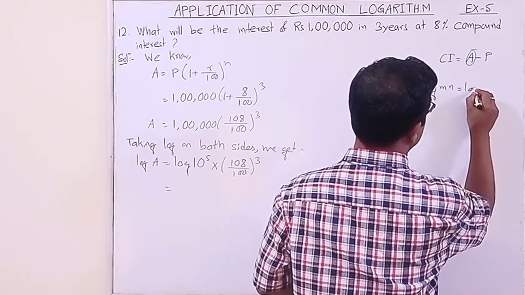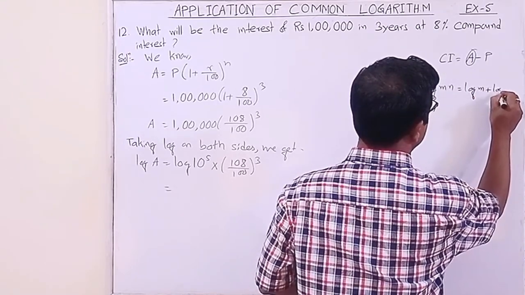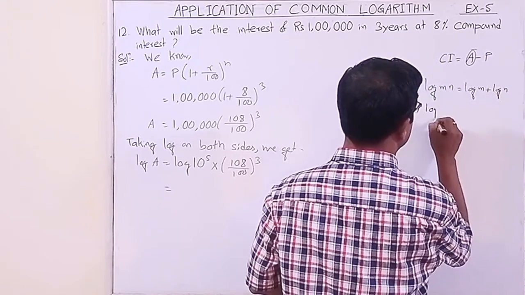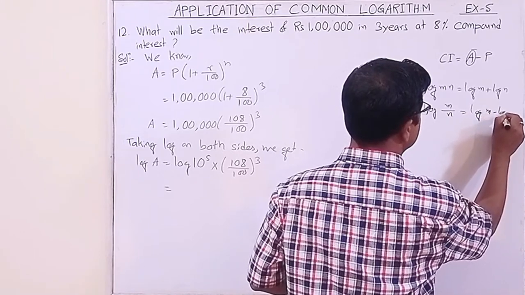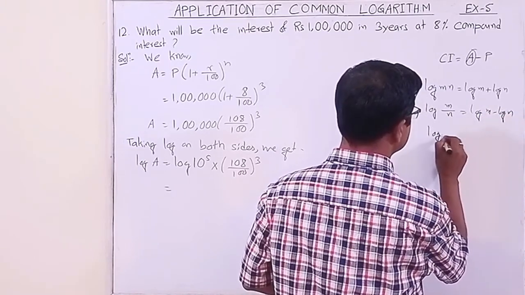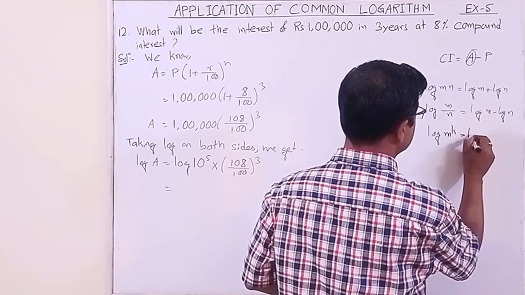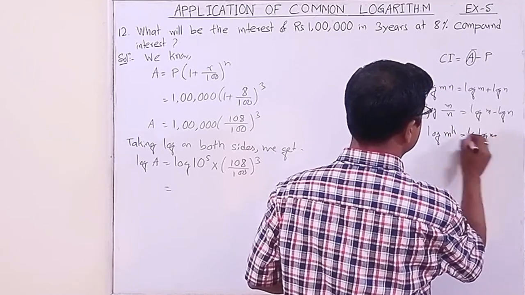So you know log m plus log n, or log m divided by n is equal to log m minus log n. That is, log of m to the power k is k into log of m.